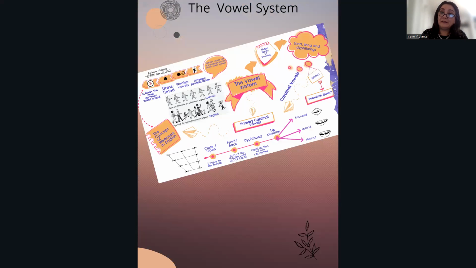And then we got a little bit more specific and we looked at the vowels and the consonants. And honestly, I did not remember the types of vowels and the short, long, diphthongs and everything. But it's very important to understand that this vowel system can generate individual speech.